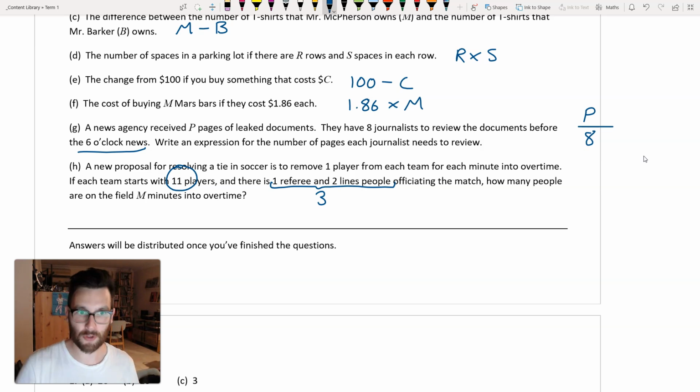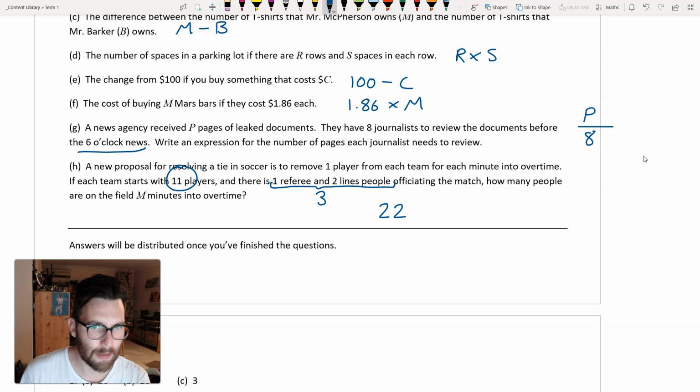So if we put all of those things together, we've got 11 people. And for every minute that, hang on a sec, if each team starts with 11, so we've actually got double that, we've got 22. And for every minute, I'm guessing it's from each team, yeah.